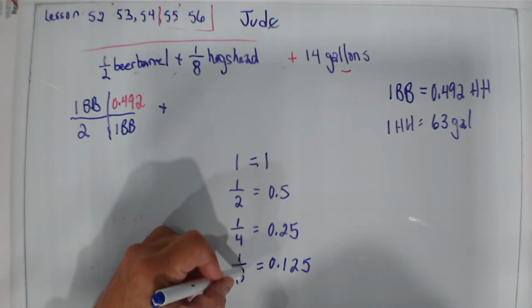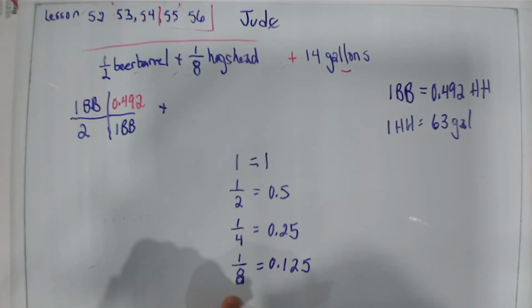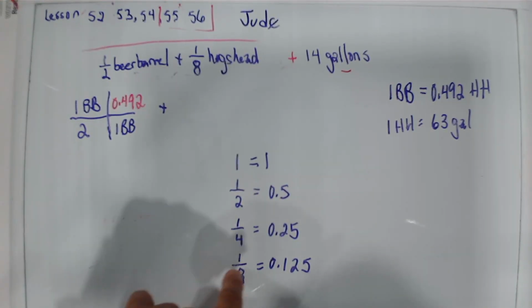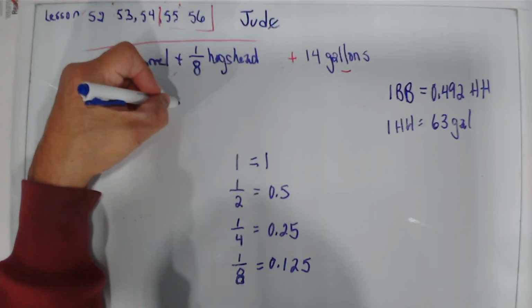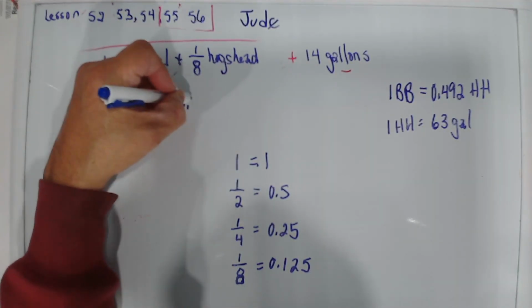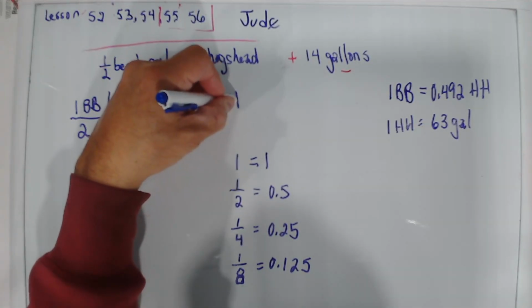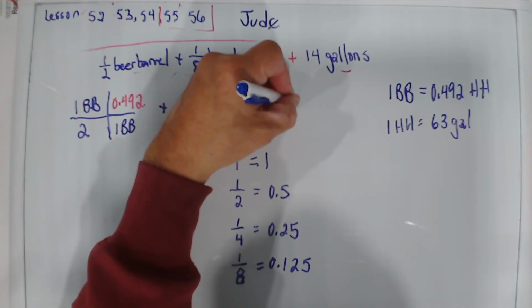So again, half of 1/4 gives me 1/8. Half of 0.25 gives me 0.125. So this is going to end up being 0.125 hogshead plus 14 gallons.